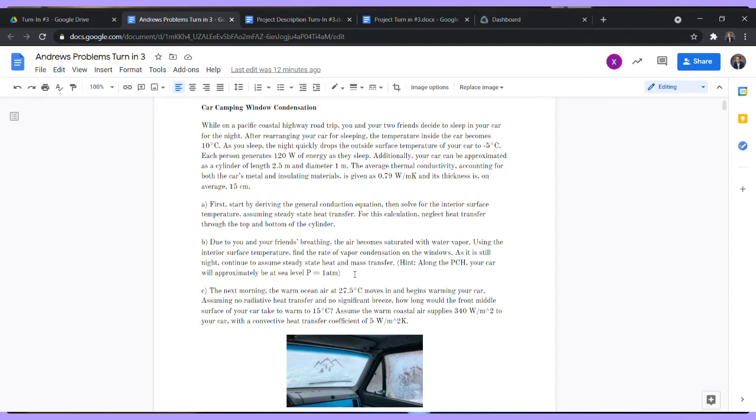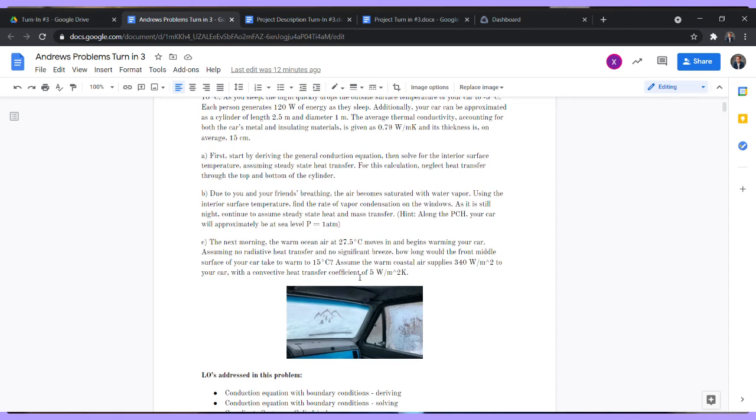Next, using this interior surface temperature, vapor condensation rate is found across the cylindrical car, and then finally, the warm ocean air begins to convectively heat the car, and we're tasked with finding the temperature at a specific location at a specific time.